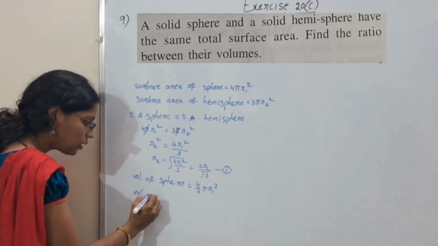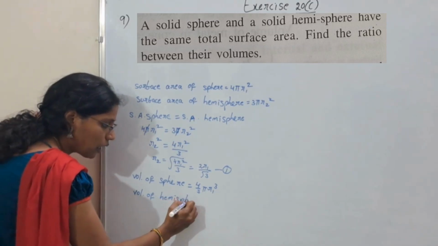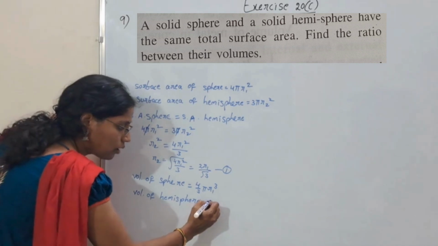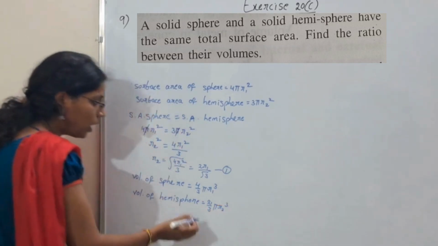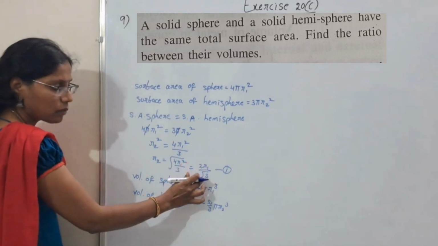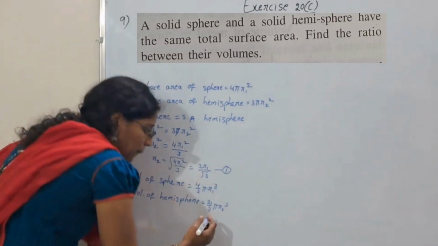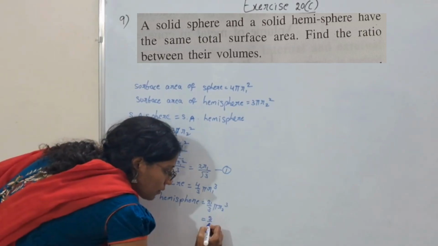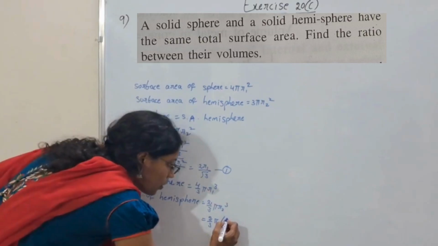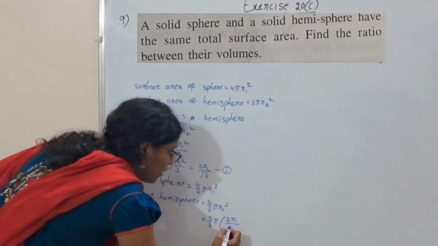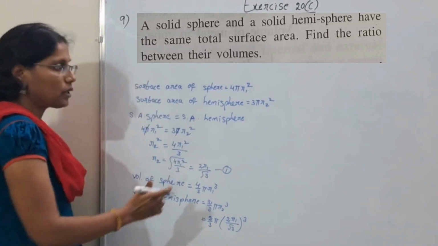Next, volume of hemisphere is 2 by 3 pi r2 cube. The R2 value is 2 r1 by root 3, we have to substitute here. 2 by 3 into pi, R2 value is 2 r1 by root 3 whole cube. This we have to substitute.